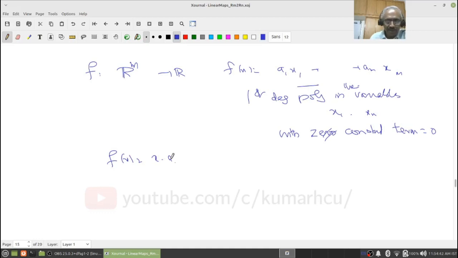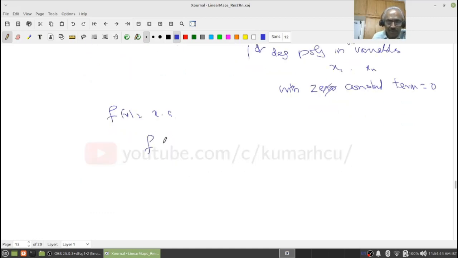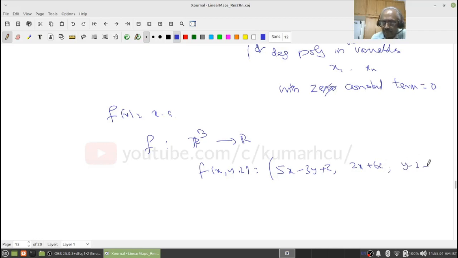Therefore, if I give you a function, let us say f from R3 to R, with f of x, y, z equal to 5x minus 3y plus z, I know this is a linear map.